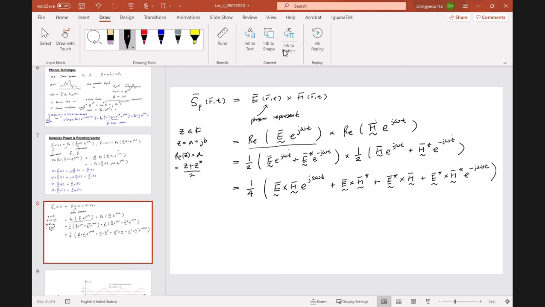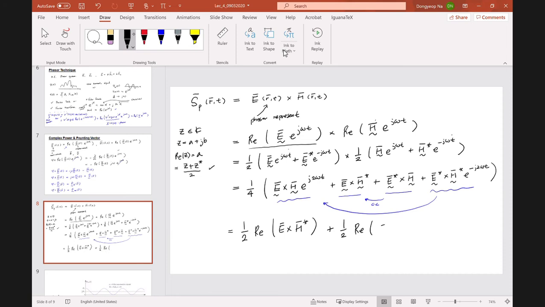Okay, so then we can observe that the third term is the complex conjugate of the second term, and again the fourth term is the complex conjugate of the first term. So by using this relation, you can finally write 1 over 2 the real value of E cross H plus 1 over 2 the real value of E cross H times the rotating wave term.